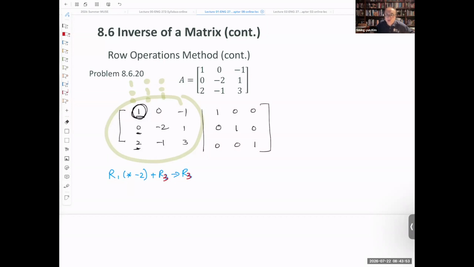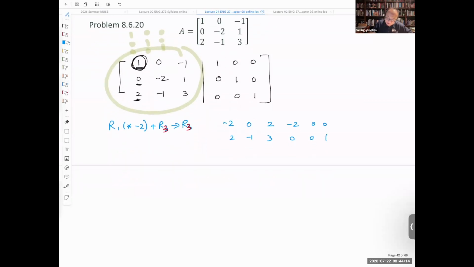You add to R2, you put that in R2. R1 times negative 2 gives negative 2, 0, positive 2, negative 2, 0, 0. And then R3 is 2, negative 1, 3, 0, 0, 1.